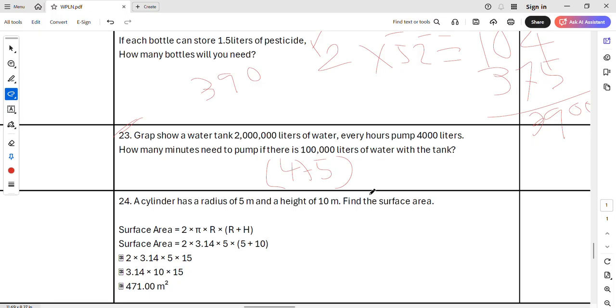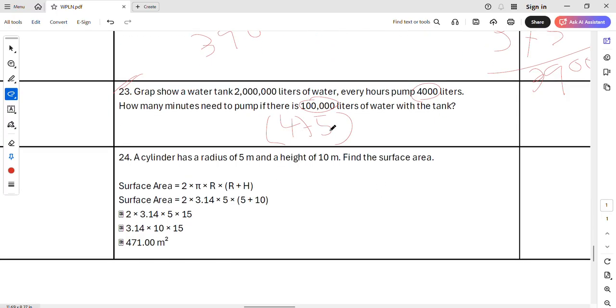So his formula is that you have to subtract the top value first. After that, divide with the 4,000 liters per minute. So we get the answer 475.